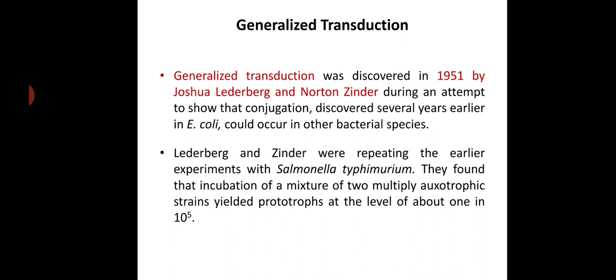Zinder and Lederberg were repeating the earlier experiments with Salmonella typhimurium. They found that incubation of a mixture of two multiply auxotrophic strains yielded prototrophs at a level of about 1 in 10 to the power of 5.